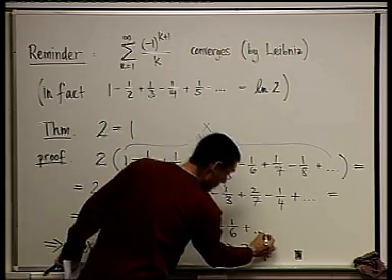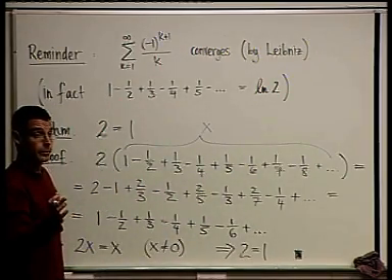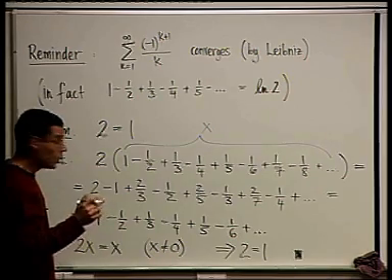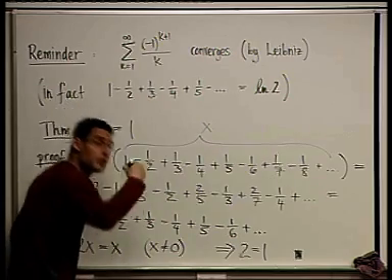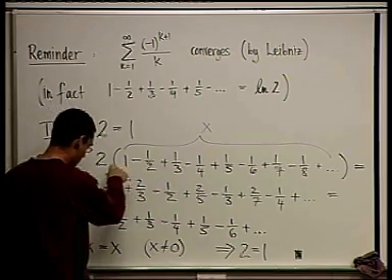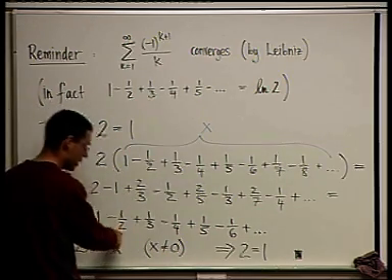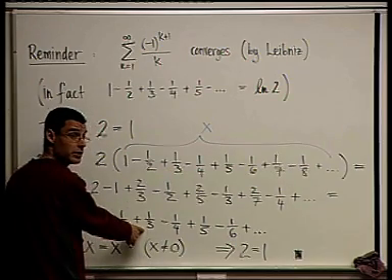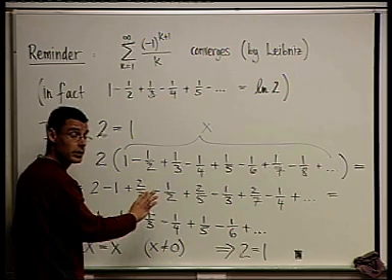And of course, if I remove the dot, dot, dot, everything would be completely false. No, I have infinitely many terms here and infinitely many terms here. And they're precisely the same terms. There's a 1 here, and here it is here. And there's a minus 1/2 here, and here it is here. And there's a 1/3 here, and here it is here. I didn't skip anything or leave anything out.